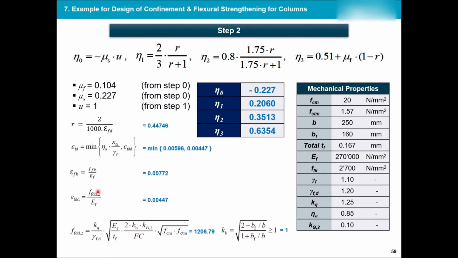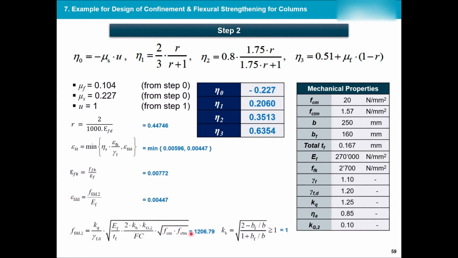The problem was that this FFD2 had a massive formulation. Now, all of the values needed in this formulation are here. We just simply put them in, we get the value. This is the KB formula as well, which, as you can see, is the width of the FRP to the width of the cross section. So this one was calculated, was here.